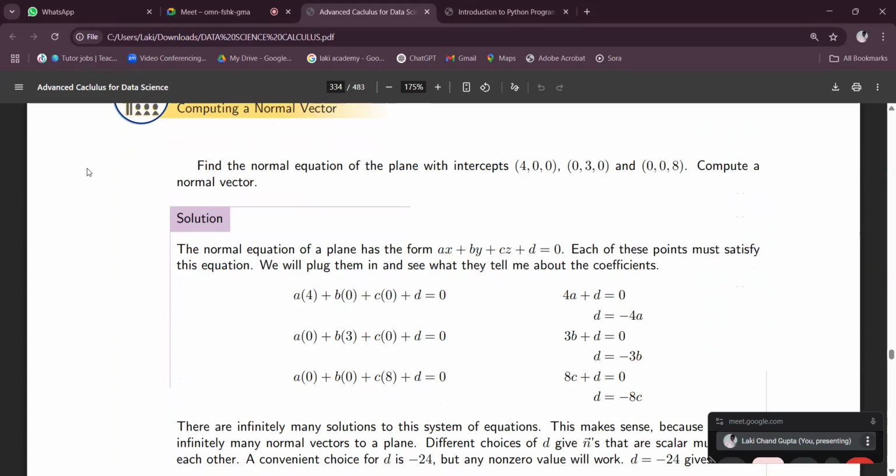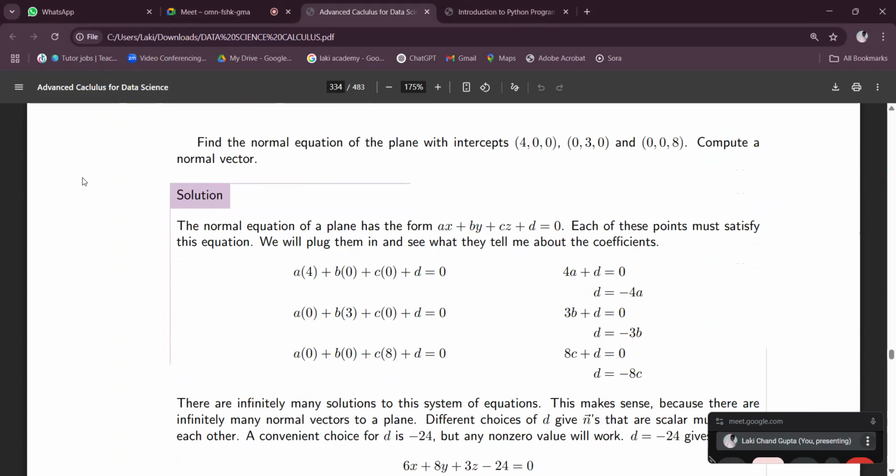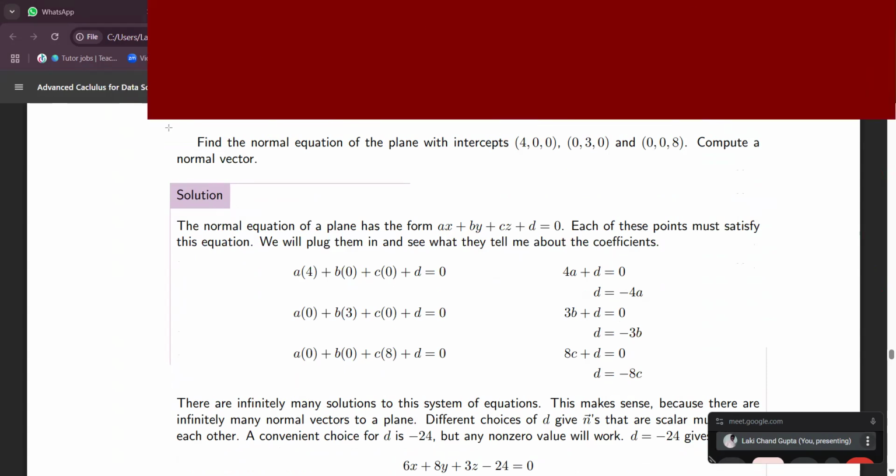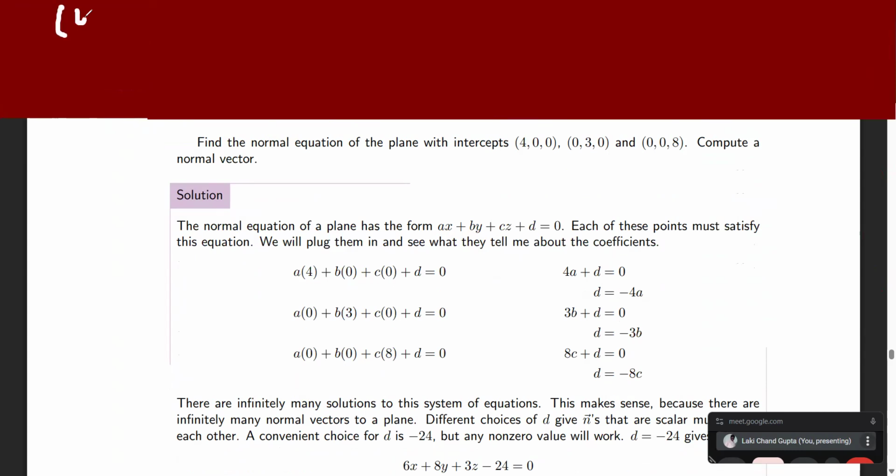See this question. Find the normal equation of the plane with these intercepts. Compute the normal vector. How can you do this? You have 3 points.